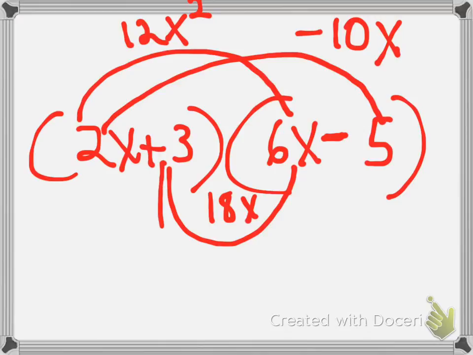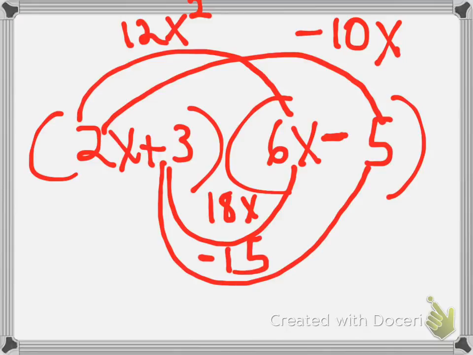And now, finally, we'll do last, which is negative 15, because positive times negative is always negative, and 3 times 5 is 15. Same thing here. 2x times negative 5 is negative 10x, because 2 times negative 5 is negative 10, and x times 1 is x.